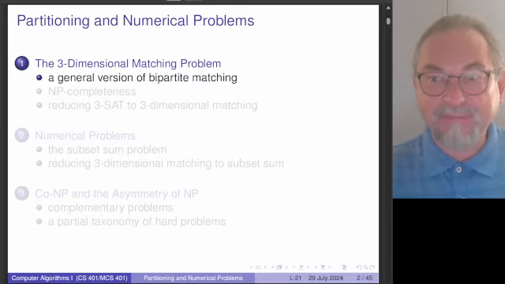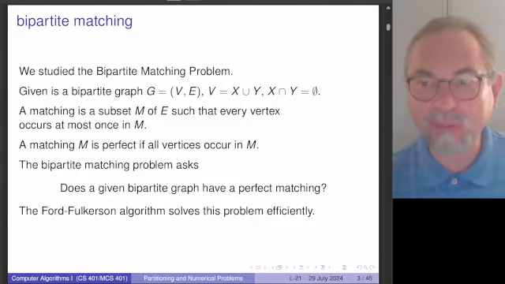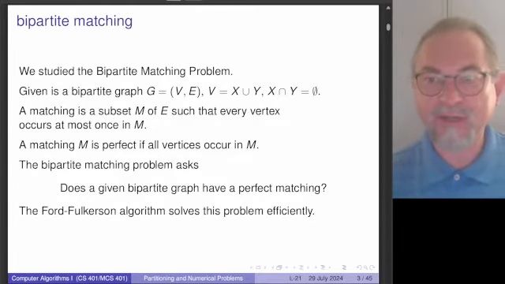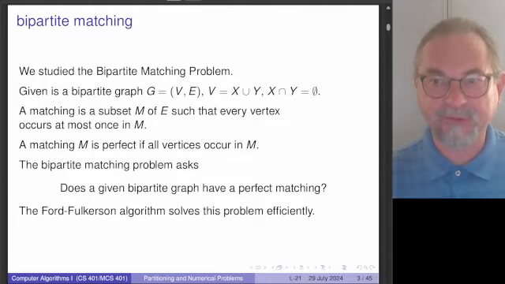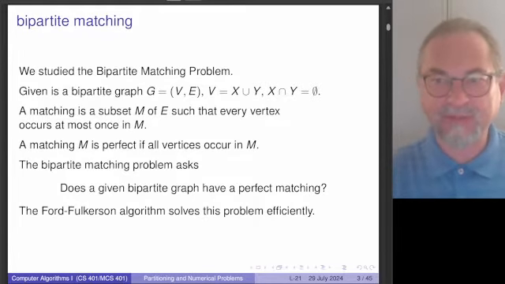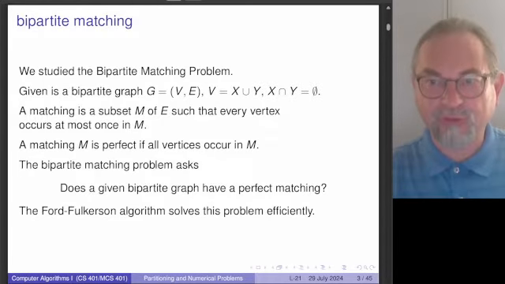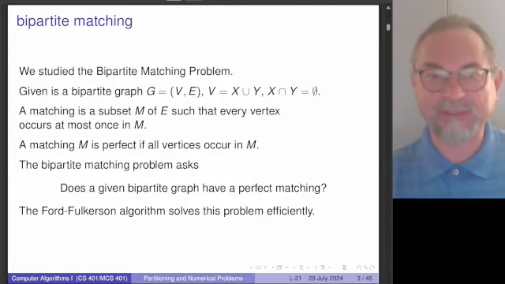Okay, we've seen bipartite matching. So what is a bipartite matching again? We are given a graph where the vertices split in two. There is one set of vertices for which there are no edges between the elements in the set, and there is another set of vertices also for which there are no connections between the elements in that set.